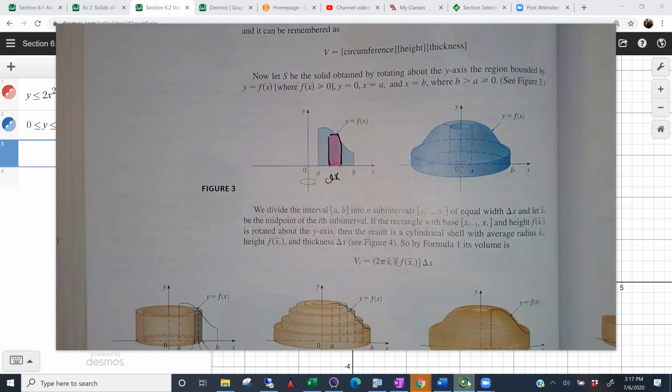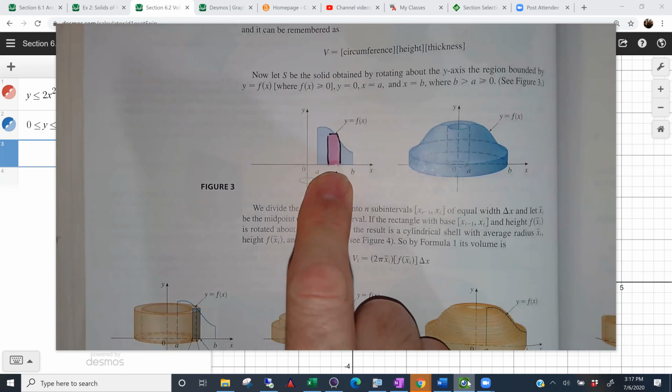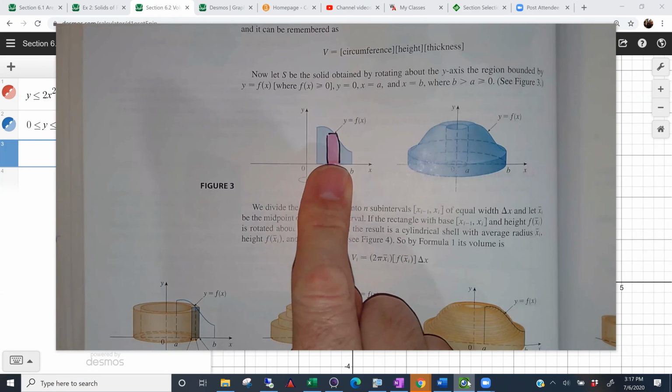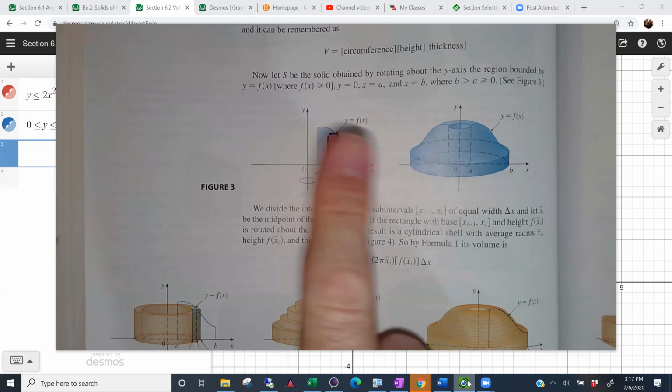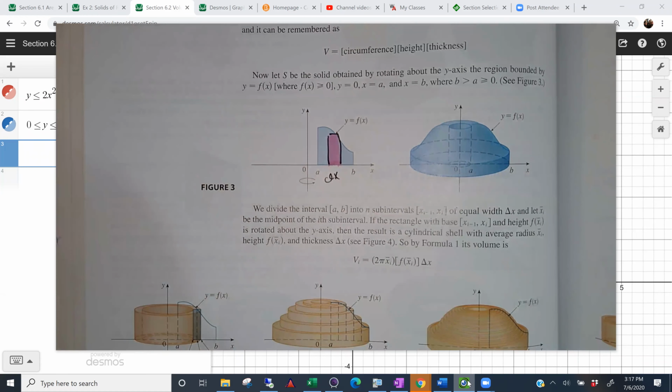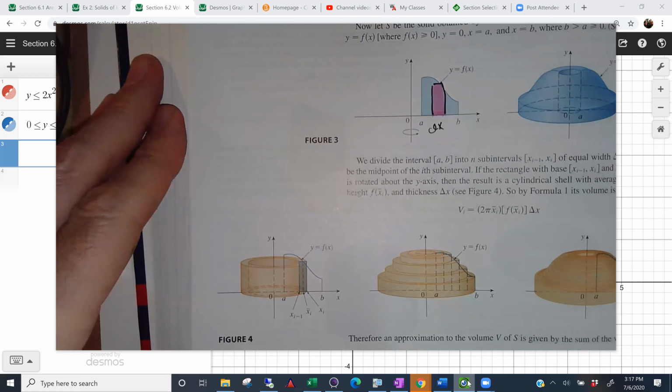So, okay, that's cool. Now, let's think about what happens when we rotate that around the y-axis. What's going to happen to that figure? Can you use your mind's eye to sweep that around? If you did, what you would get looks something like this down here.